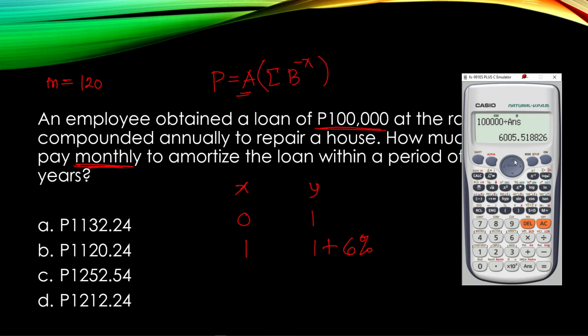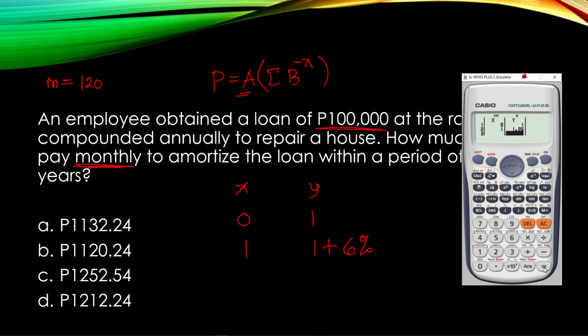Wait lang, ba't parang iba? Ay, hindi naman. Ibalik, balik natin. Summation of, tama ba yung table natin? Balik natin, mode 3, 6. We have 0, 1. So, wala sa choices yung sagot natin, no? So, 1. 1 plus 6%.